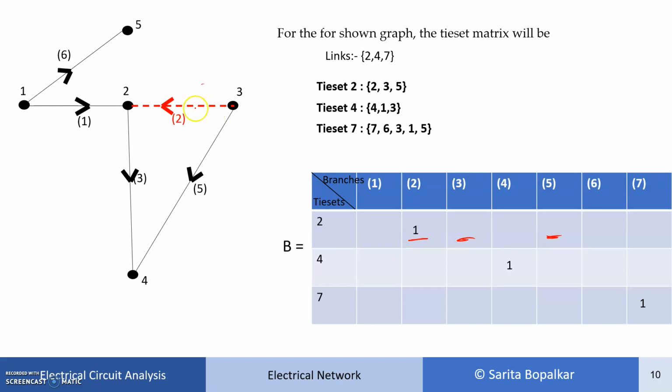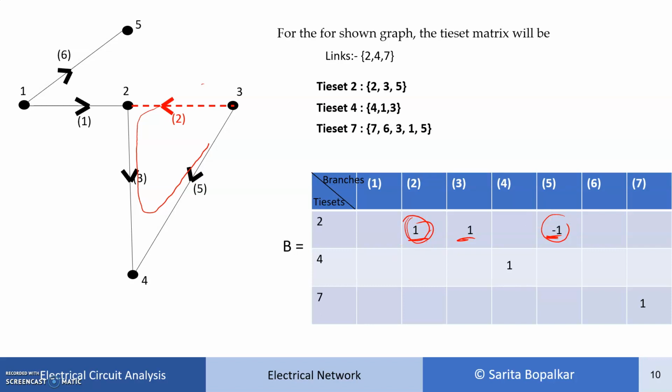So branch 2 orientation is like this. We check whose orientation coincides. The branch 3 orientation coincides with our branch 2 orientation. That's why the element is 1. And the branch 5 orientation does not coincide. That's why the element is -1.